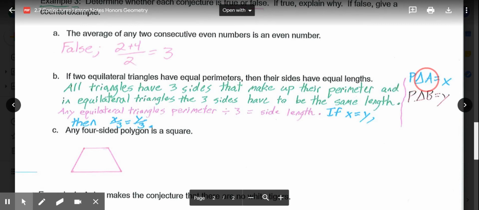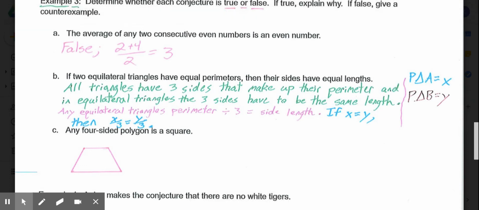If the perimeter of triangle A was x and the perimeter of triangle B was y, if x equals y, then x divided by 3 equals y divided by 3. That's showing mathematically that their sides have equal lengths. If I take the perimeter, divide it by the 3 equal sides, and those perimeters are the same, then the side lengths will also be the same.